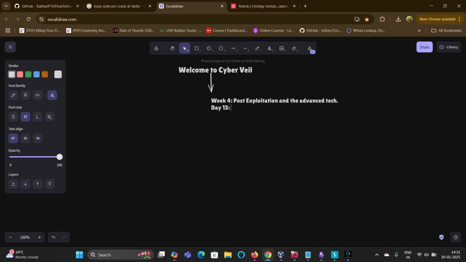The Day 13 module comprises the topic of wireless hacking, in which we are going to discuss subtopics such as Wi-Fi encryptions, which are basically WEP, WPA, and WPA2.